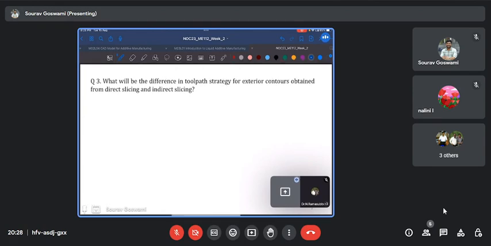Next, we have certain concept-based questions. So this question asks us, what will be the difference in toolpath strategy for exterior contours obtained from direct slicing in one case and from indirect slicing in the other case?